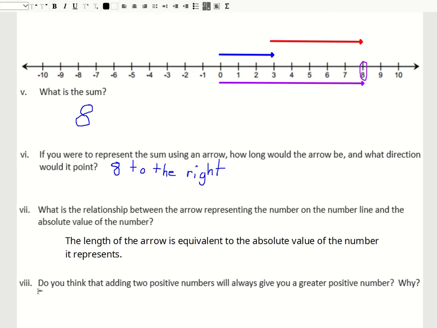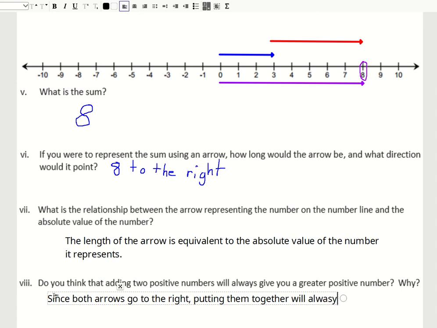So what we're going to do is we're going to say, since both arrows go to the right, putting them together will always make a longer arrow pointing to the right.